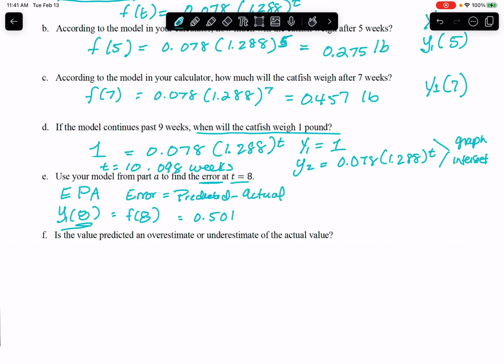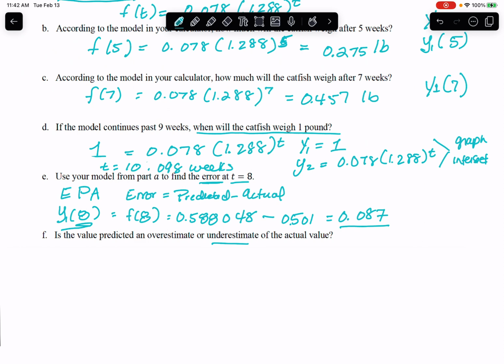Oops, sorry, I see what I was doing now. f of 8 came out to be, on my calculator, 0.588048. So then you take that minus 0.501, the actual from the table, and you get 0.087. All right, so that would be the error.